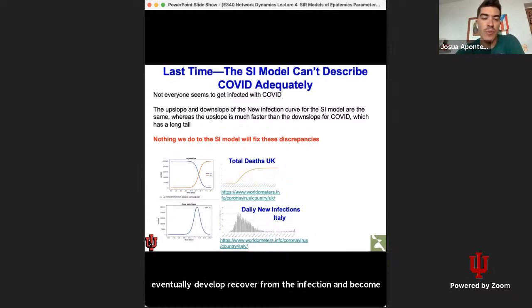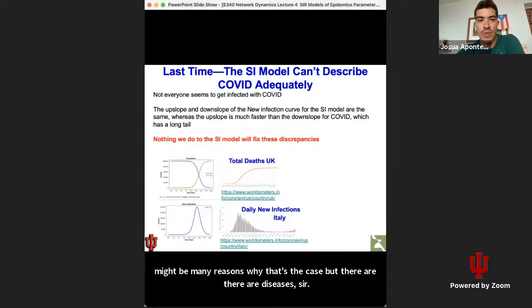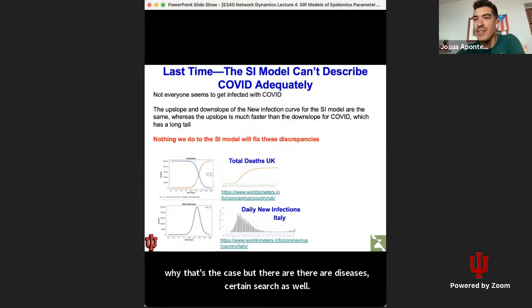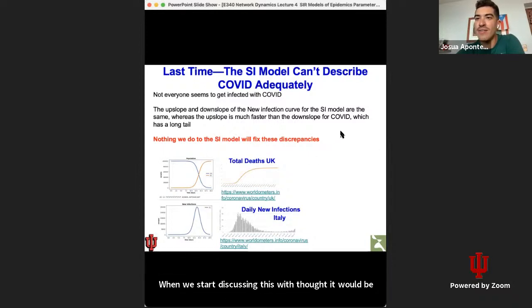There might be many reasons why that's the case, but there are diseases such as, well, when we started discussing this, we thought COVID would be one of those. It seems like it's not. COVID, a natural infection doesn't provide long-lasting immunity, at least not longer than 8 months. That's what we know so far.